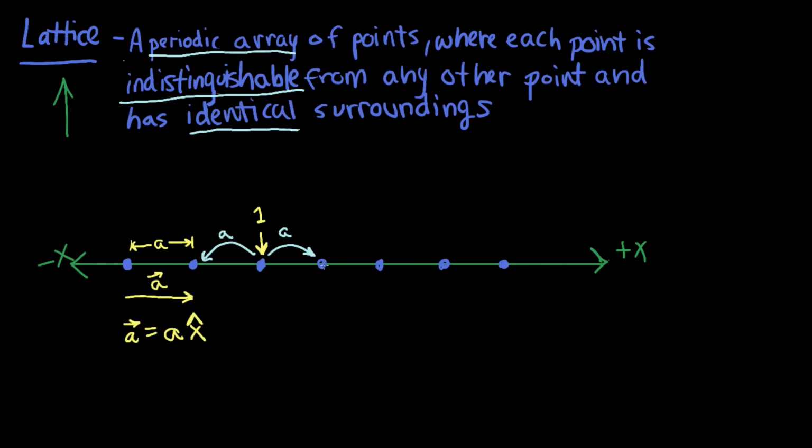Each point looks the same. In fact, they also look the same as the point that we are currently standing on, and they look the same as the point that is 2a away on each side. Going a step further, it's actually impossible to tell if we are looking to the right or to the left. In each case, we see points, each spaced a away, going off to infinity.